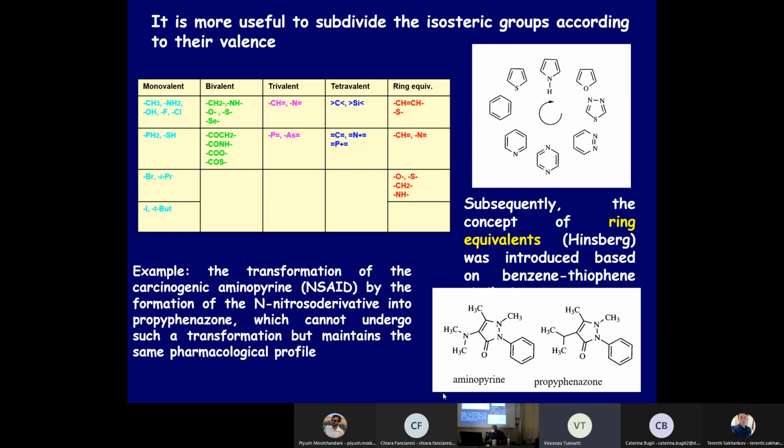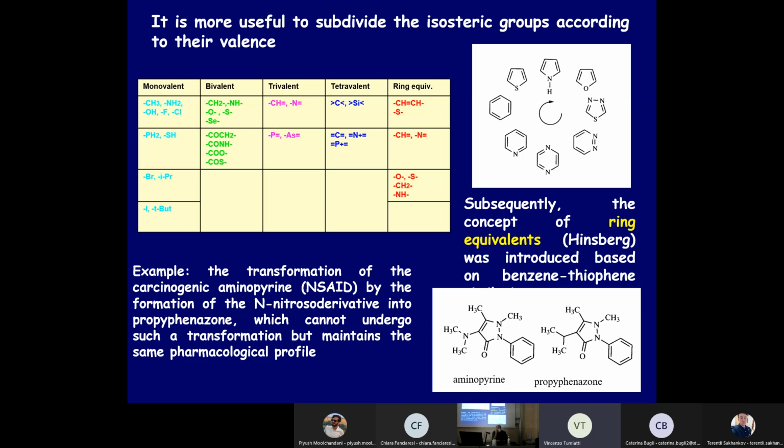So they applied the isostere approach on the nitrogen. You see, the nitrogen was substituted with a carbon with a hydrogen, and we get propyphenazone. Propyphenazone is a good painkiller without any interaction with the cells, so it is not carcinogenic.